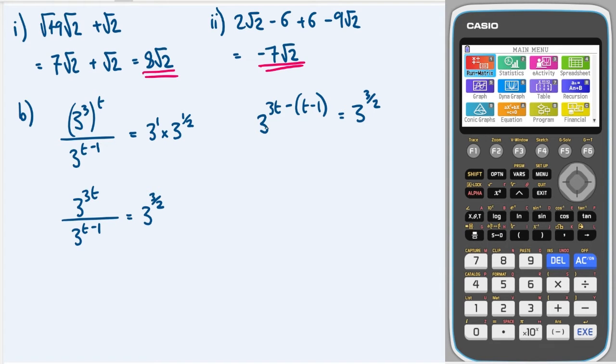And that tells me now that the two powers must be the same because the bases are the same on both sides. So I get 3t minus t, which is 2t, and then a minus 1 is a +1, and that must equal 3 over 2. So therefore 2t is equal to a half, so therefore t is equal to a quarter.